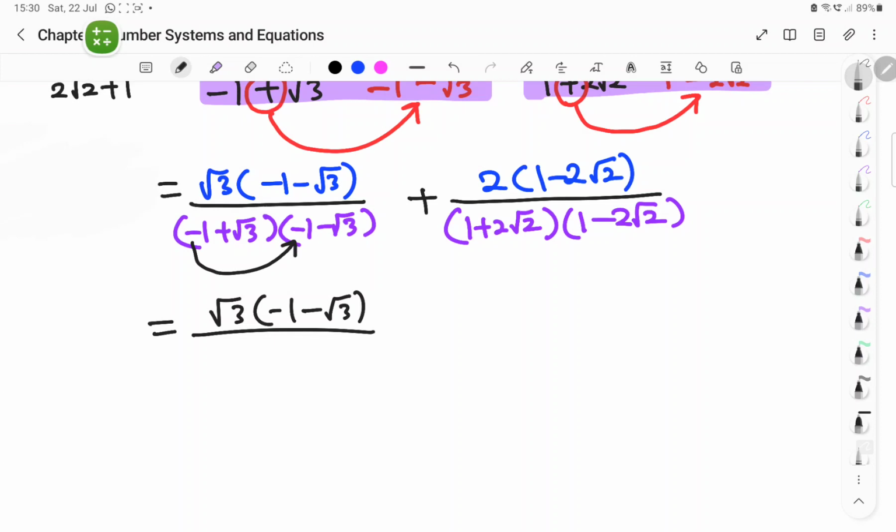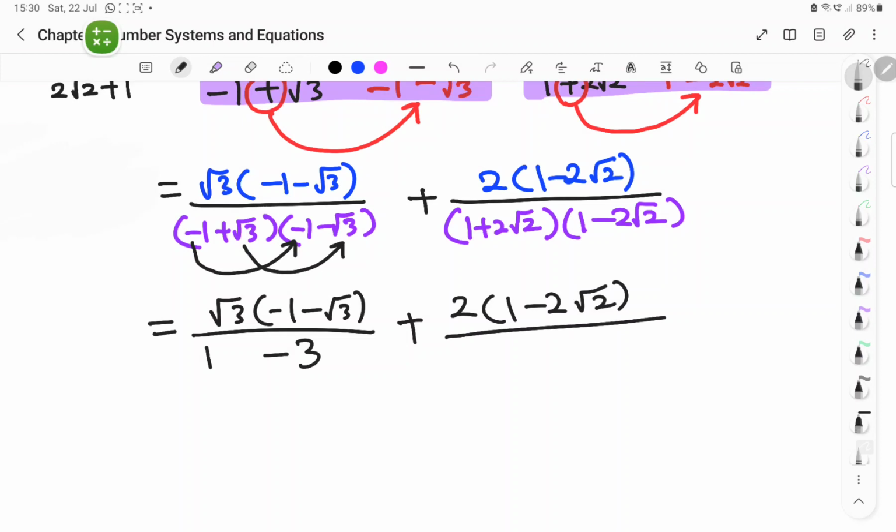So just multiply the first one and the first one at the back. Minus 1 multiplied, we get 1. And then plus square root of 3 multiplied by minus square root of 3, we have minus 3. So that's the shortcut I showed you already. For the next fraction, copy paste 1 to 2.